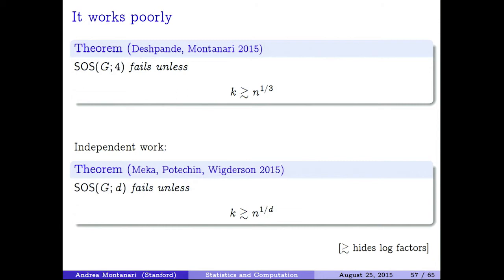At the same time, there was a paper by Meka, Potechin, and Wigderson that proved that for any degree d, it fails unless k is n to the 1/d, up to log factors. So for the case d equals 4, ours is stronger. We just did a much more painful and careful analysis of that case, but theirs is more general because it looks at every d.